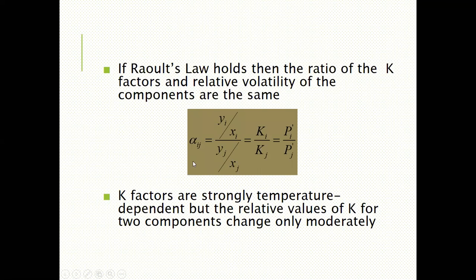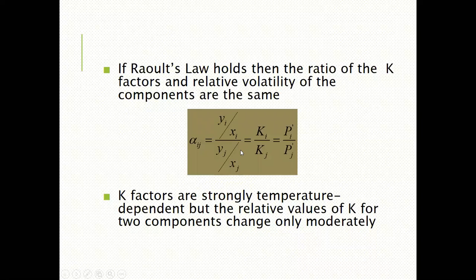Now, relative volatility of component i with respect to j, so these are the components present in your binary mixture, is equal to, take note again, the ratio of their mole fractions in the gas phase to the liquid phase. So this is for i in the numerator, and here in the denominator you have component j.